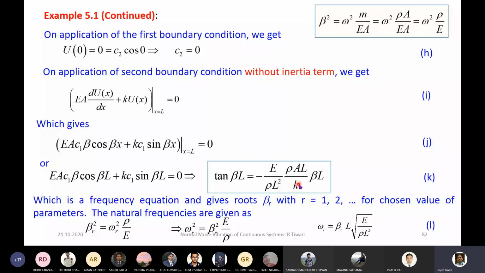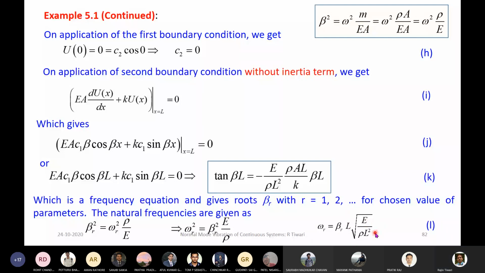Once we have beta r L, because we know the relationship between the natural frequency and that, we can get the natural frequency like this, where we only need to put the beta r L value from this equation. They will not be integer multiples of each other if we go for higher order natural frequencies. So this is one of the solutions.